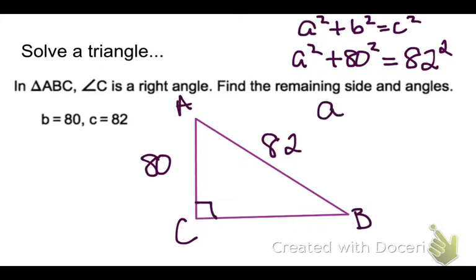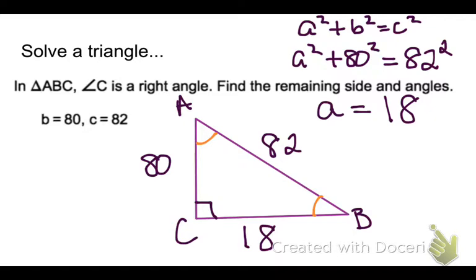Put all that in your calculator and find that A equals 18. Then we can use our inverse trig to find our angles, B and A.